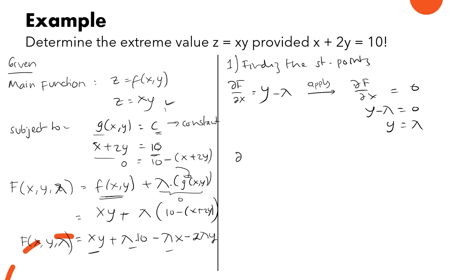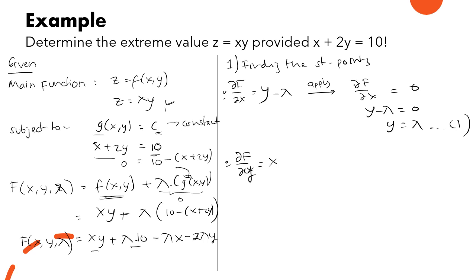Okay, next is dou f dou x. This is my first equation. Sorry, dou f dou y as the second first derivative over here. Look again here. So derive it against y. It will give you an x.